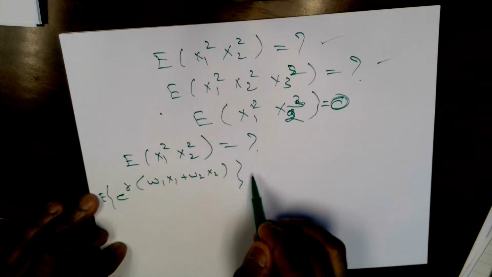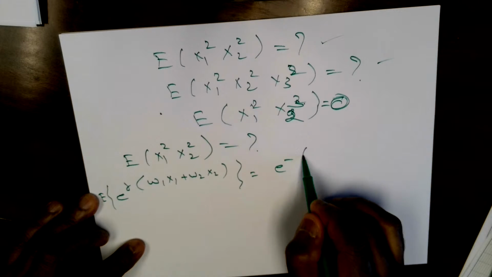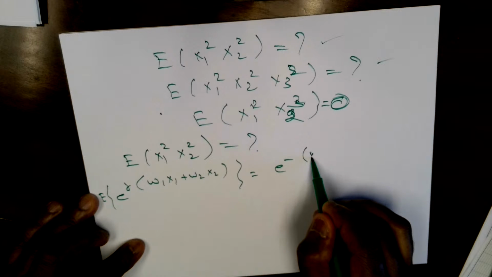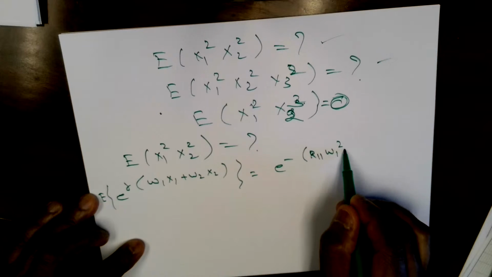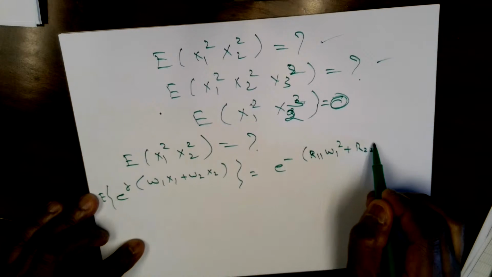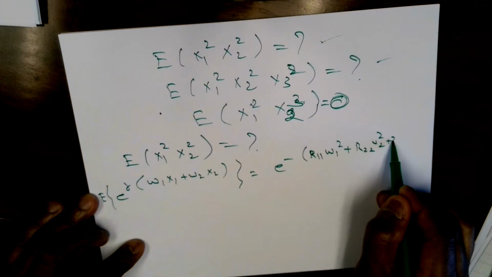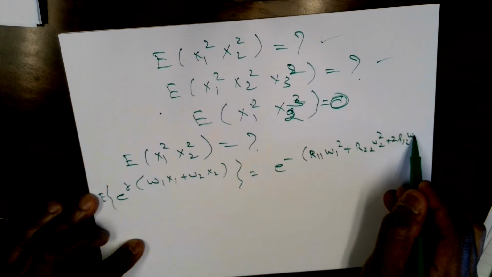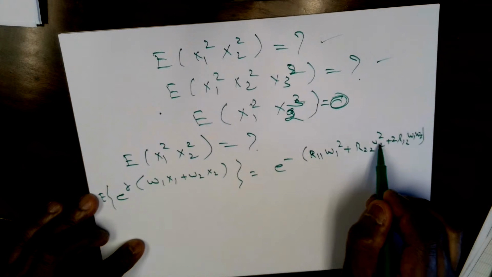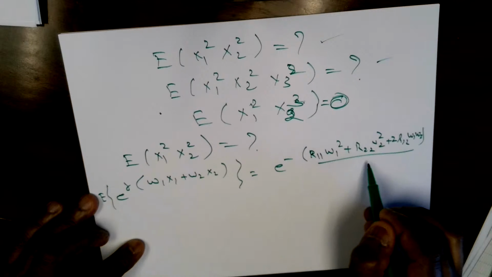Expected value is e raised to minus, this is easy, we can write out r1 omega 1 squared plus r2 omega 2 squared plus 2 r1 omega 1 omega 2. Notice the 2 nature, even nature, divided by 2.